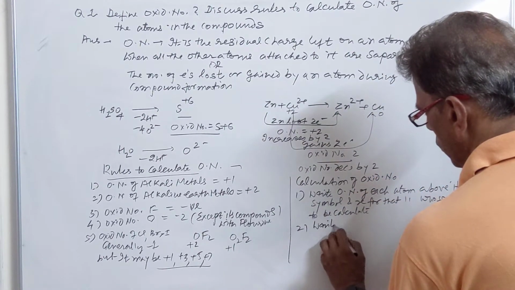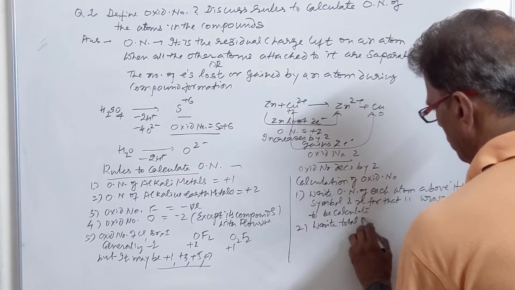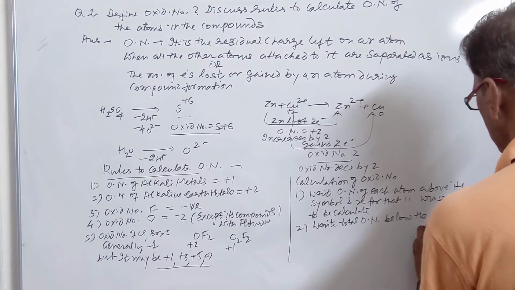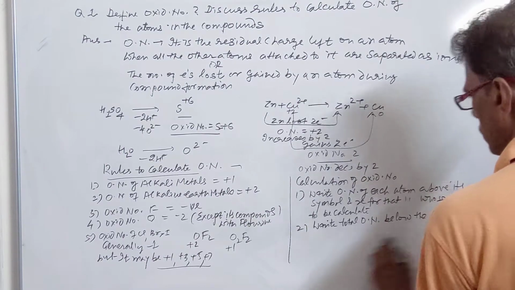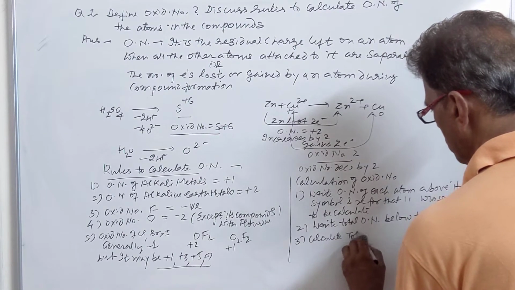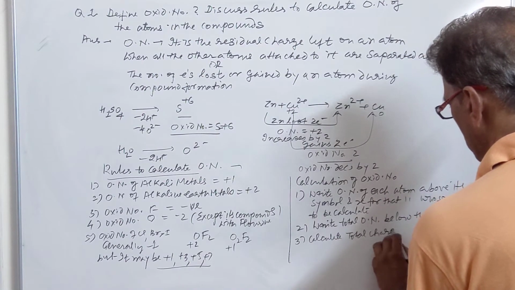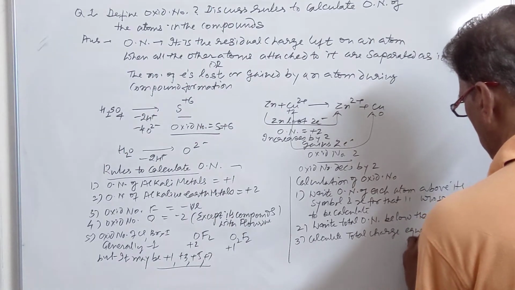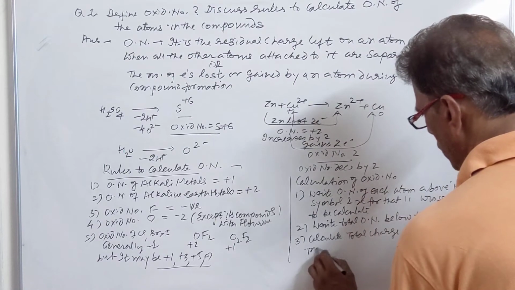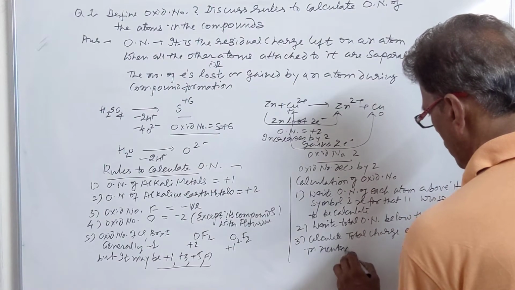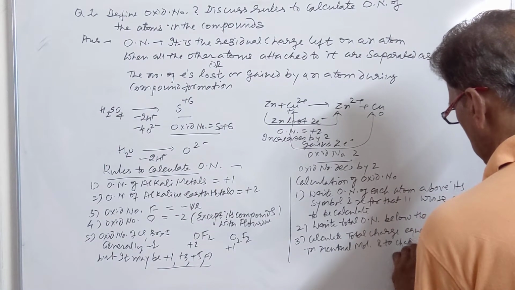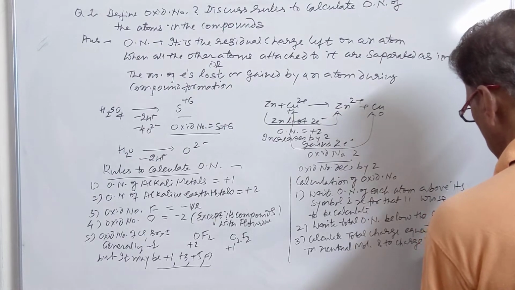Write total oxidation number below the symbol. Calculate total charge, equated to 0 in a neutral molecule and to the charge in case of ions.